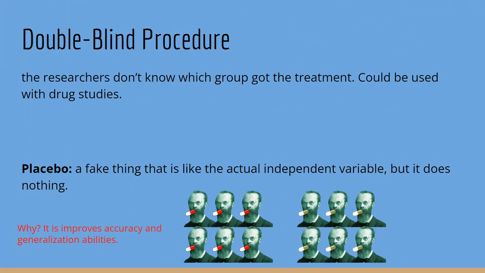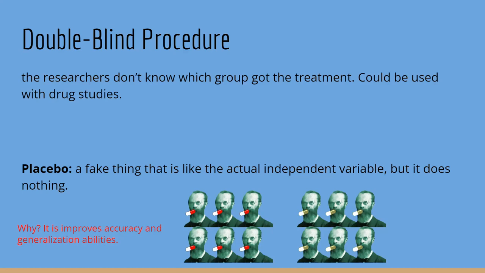But in any case, one of the groups in a blind procedure, double-blind procedure, would have a placebo. This is basically a fake thing that is like the actual independent variable, but it does nothing. So that way it's the same for both. So these participants have yellow pills or green, whatever color that is, and they think that it's real.